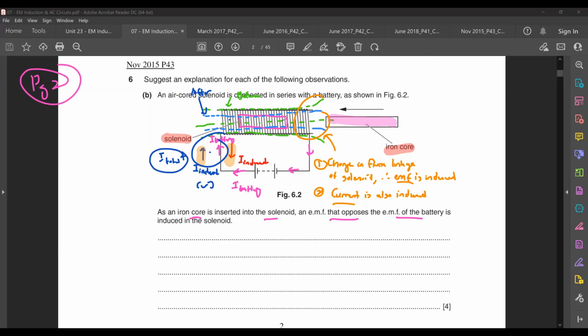So you say that your induced current is the blue colored line here. It's actually in the same direction as your battery current. It's causing your total current to become larger. It's also going to cause your magnetic flux to become even larger, right? So your flux linkage is going to become even bigger, right? So is this opposing the flux change that caused the induced current in the first place? Oh, no, it's not.